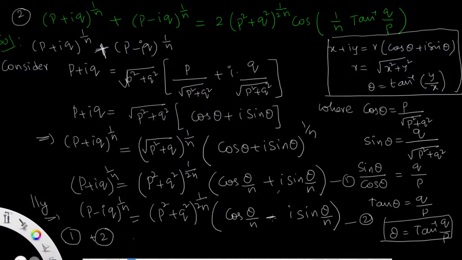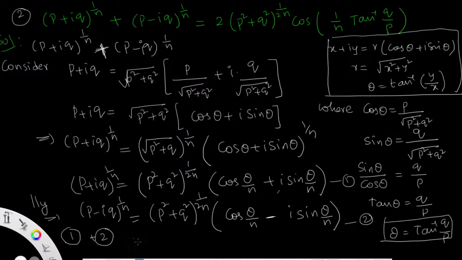But in place of theta you should write tan inverse of q by p. The sin terms will get cancelled. Cos of theta by n plus cos theta by n is 2 cos theta by n, where theta is tan inverse q by p. That's all.